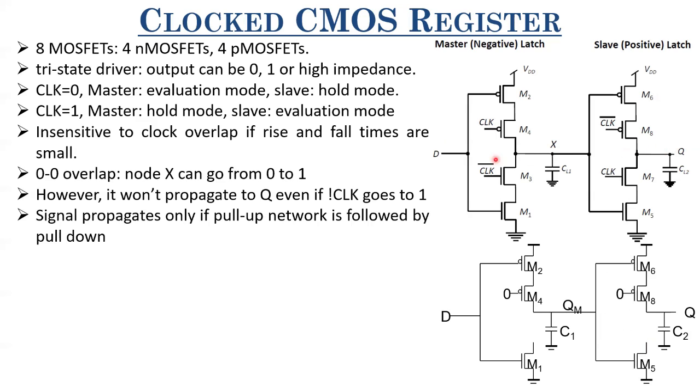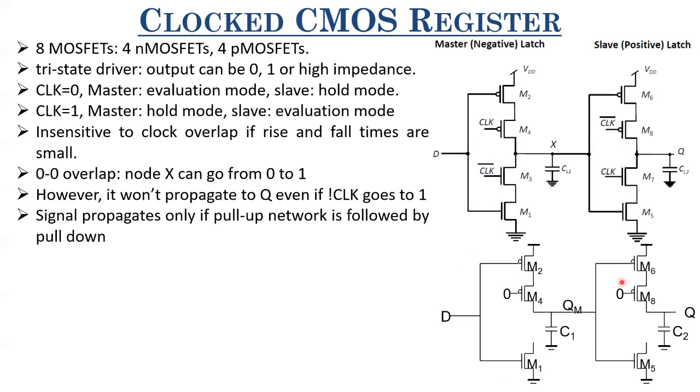Why is it happening? Because a signal propagates only if a pull-up network is followed by a pull-down network. If the pull-up network is open, then the output goes to 1, and if this is the input to the next stage, only if the input to the pull-down network is 1 will it get turned on. If you give 1 as input to a pull-up network, it doesn't get turned on.